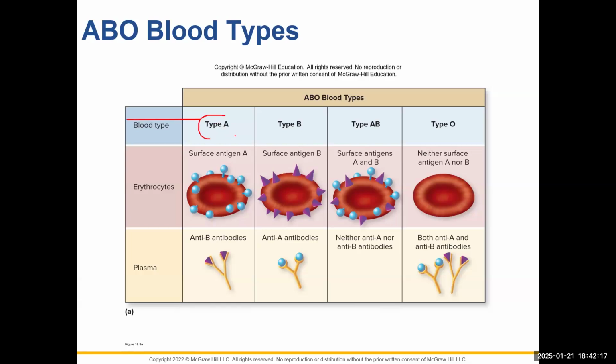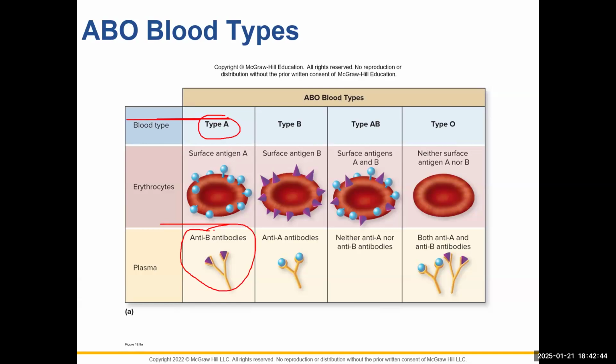A type A person, me, since I have the surface antigen A glycoprotein on the surface of my erythrocytes, my blood plasma carries anti-B antibodies. So I carry antibodies that will react with a different surface antigen.